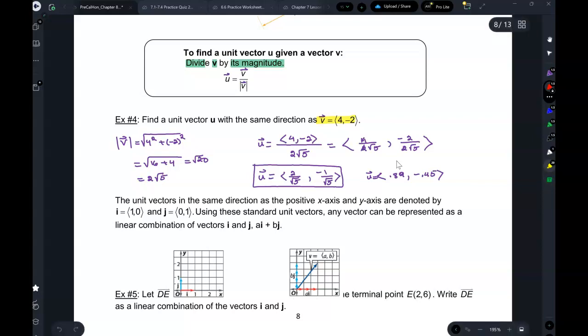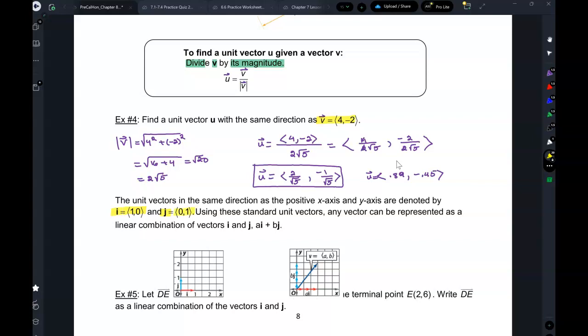In fact, they are so special, they have their own name, and that is vector i and vector j, right? So i is a unit vector that is only in the horizontal direction. It lies along the x-axis. Its components are 1, 0. j is in the vertical direction, 0, 1.